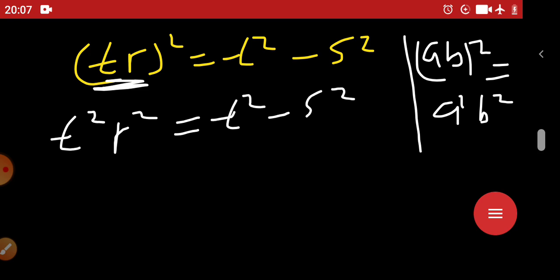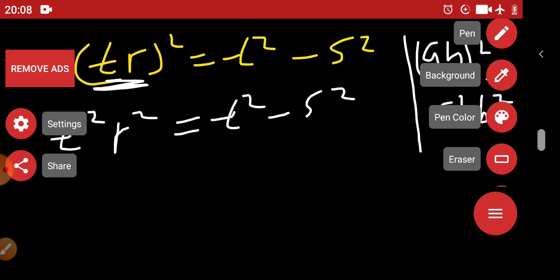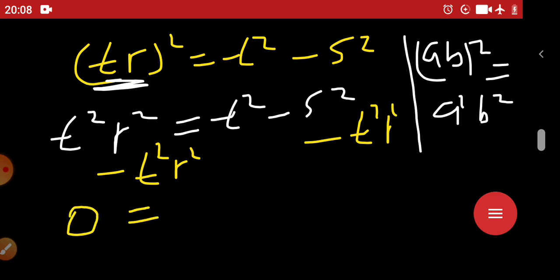Now what we can do is, no, just to subtract. We need to subtract t squared r squared on both sides. The left hand side will be left with 0, and this side will have t squared minus t squared r squared minus s squared.